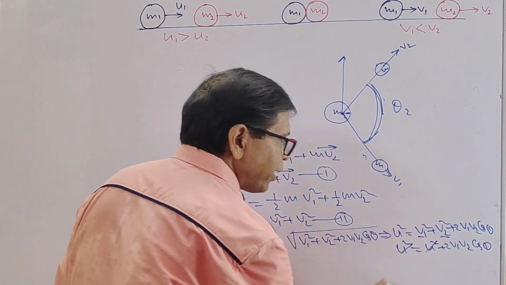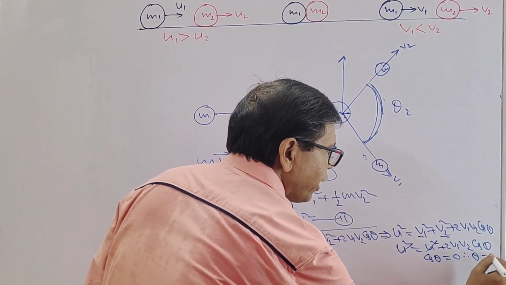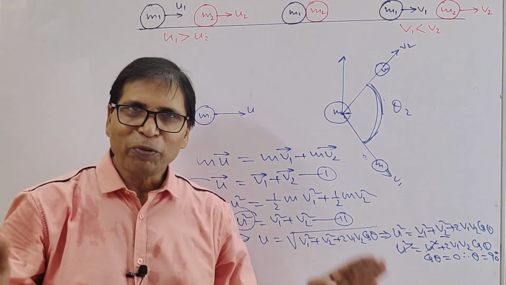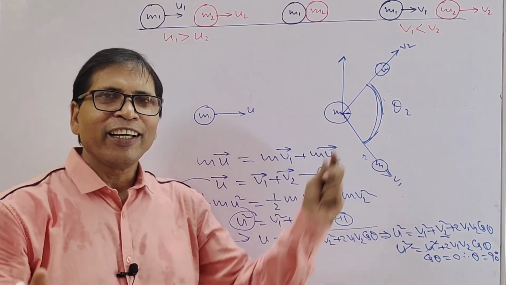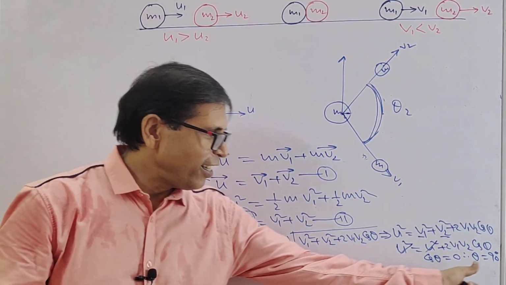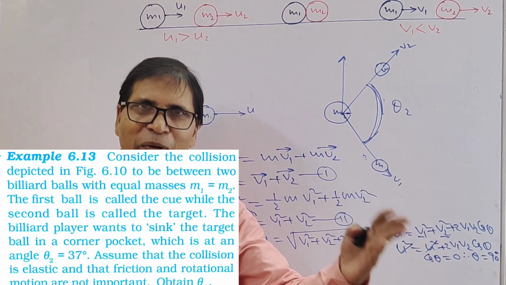This and this cancel out, therefore cos theta equals 0, so theta equals 90 degree. Okay, understand? Therefore in oblique collision between two equal masses, the angle between the lines of motion after collision is 90 degree. Okay, understood? Now a numerical.